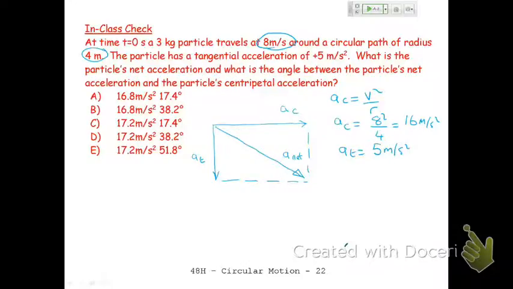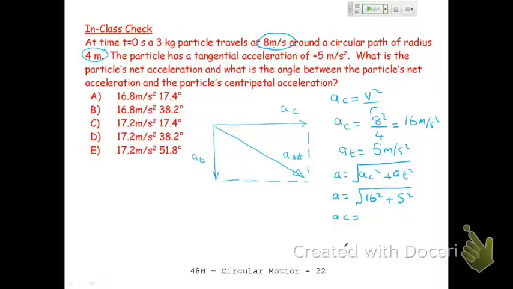So A is equal to the square root of AC squared plus AT squared. So A is equal to the square root of 16 squared plus 5 squared.